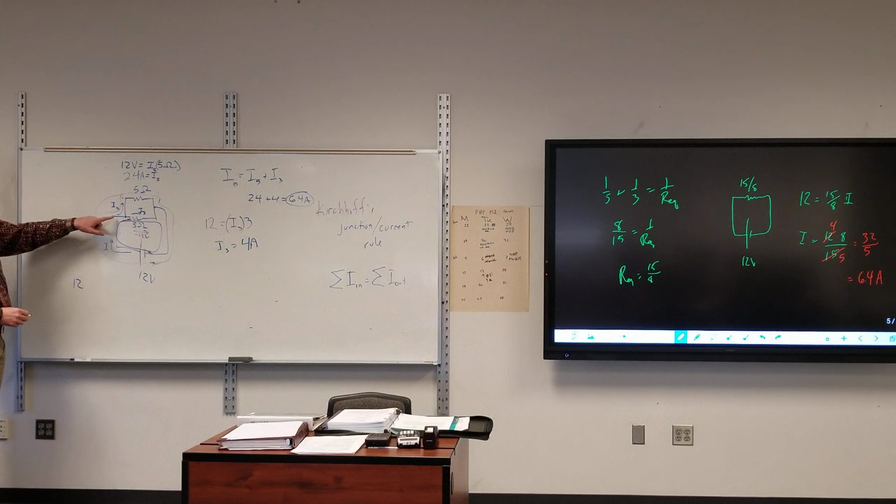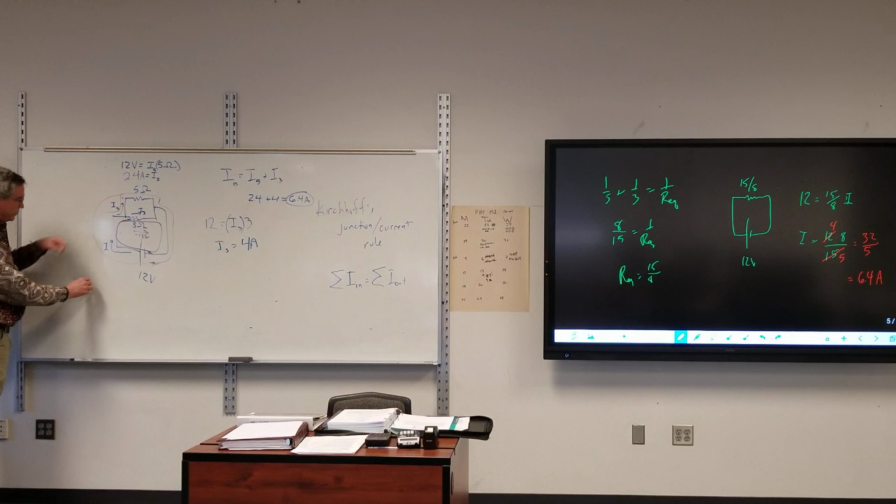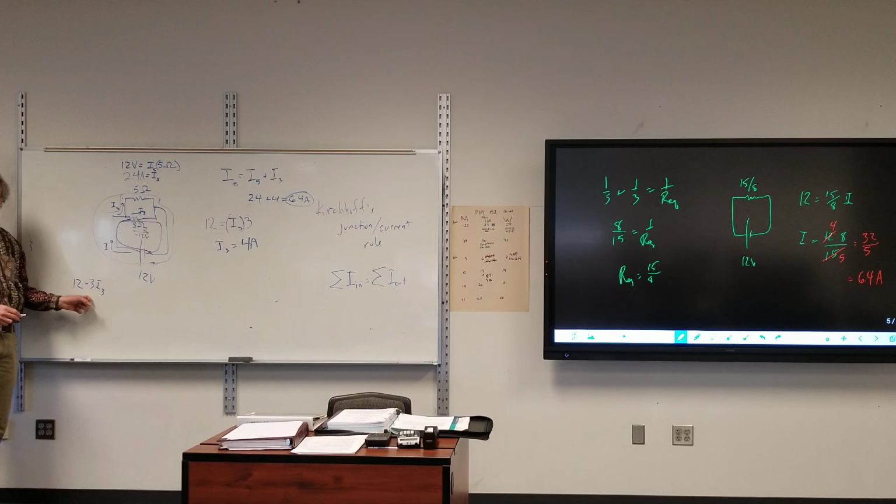Cruising along, I'm doing the bottom path here. Minus 3I3, because I know I'm going to lose potential, is equal to 0. 12 minus 5I5 is equal to 0. Those would be sort of a slightly more formal way of doing it. I'm just following the path around.